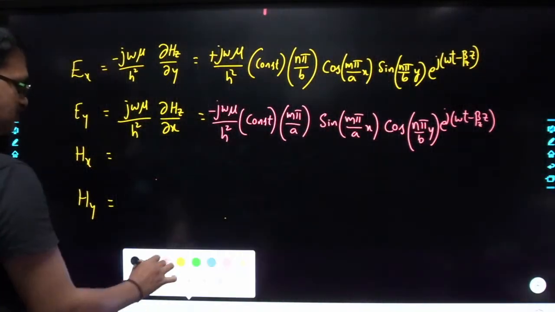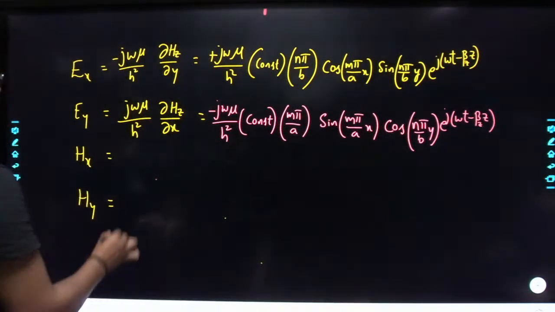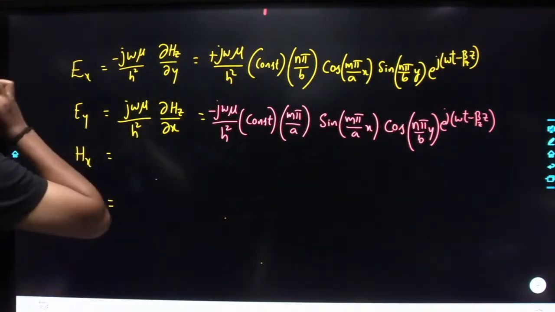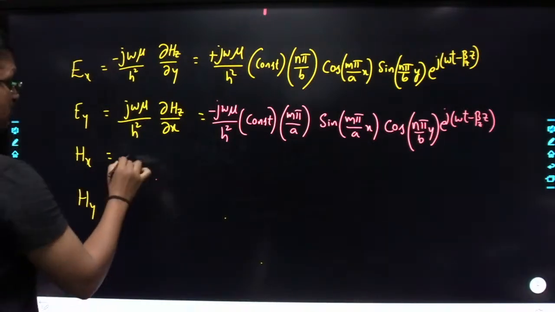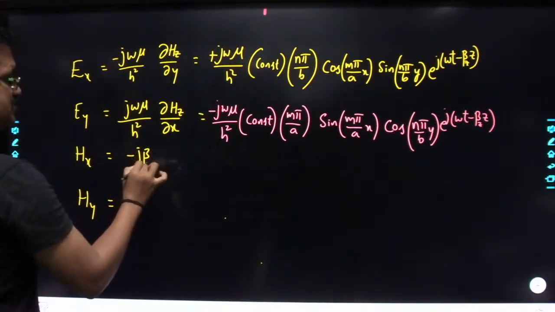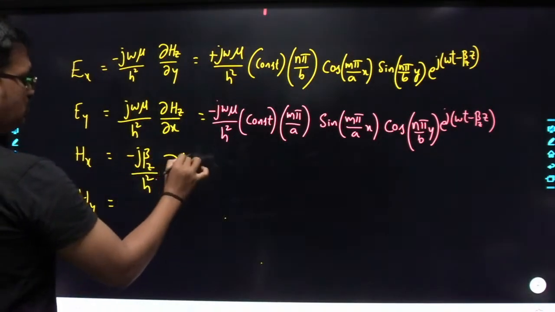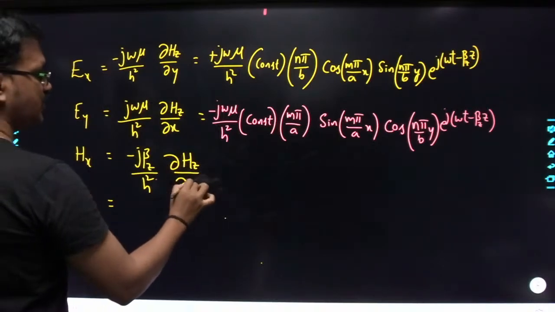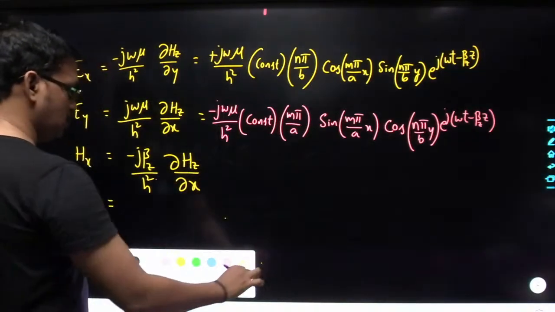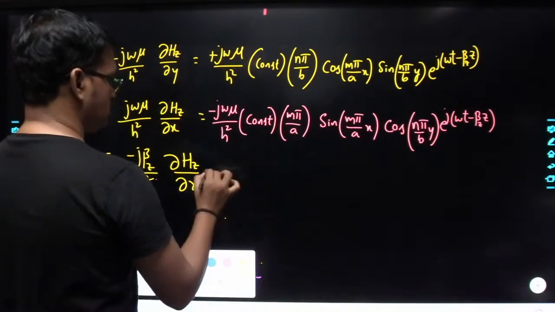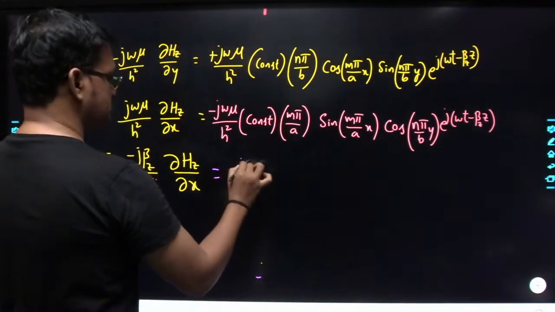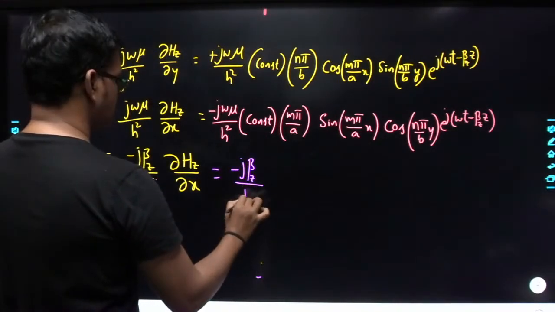Next, for Hx, what you are going to get? The first term will be 0, and the second term you are going to have minus j beta z by h square into dou Hz by dou x. So this is equivalent to minus j beta z by h square.